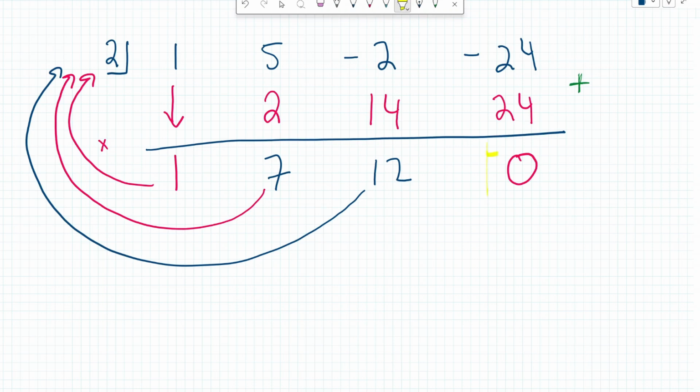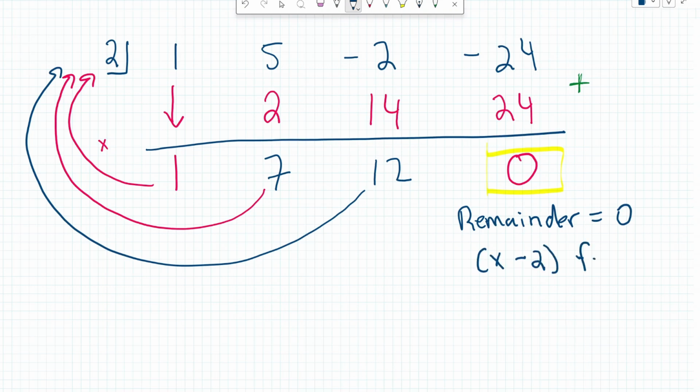And this is exactly what we wanted to see. That means that the remainder equals 0, and that confirms that x minus 2 is a factor. So that's a little good check.